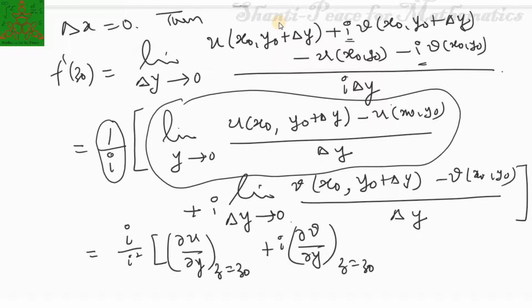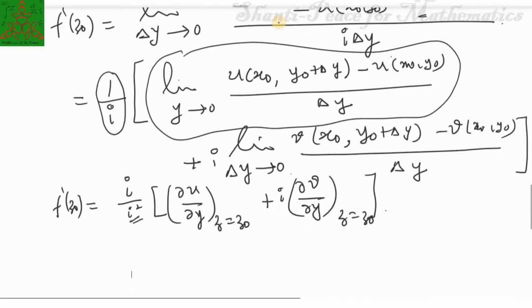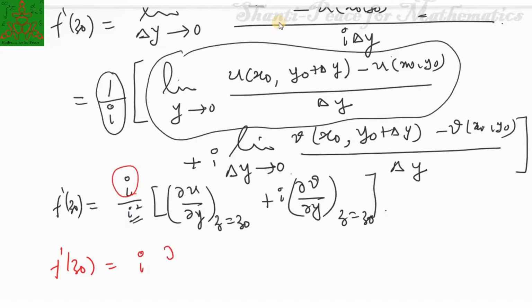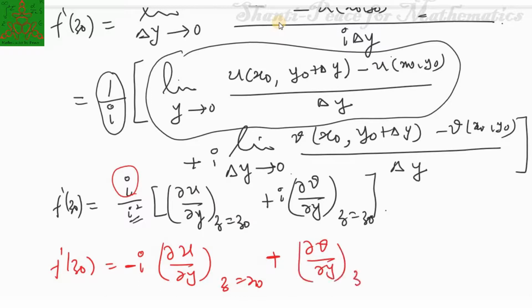i is already there, and this is f dash of z0. If you have i square, it will become minus 1, and if you multiply this i inside the bracket, finally what you will have is f dash of z0 will be, if you multiply this i inside, i into del u by del y at z equal to z0, and this i square will become minus 1, so minus is here, and this minus i is also multiplied here, so this will become plus del v by del y at point z equal to z0, and we call this equation 2.